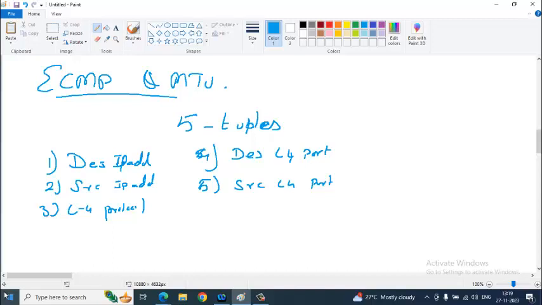If the source port number is different, then it is considered a different session, a different workload, so it will provide a different path.